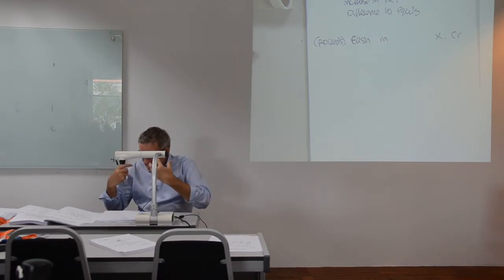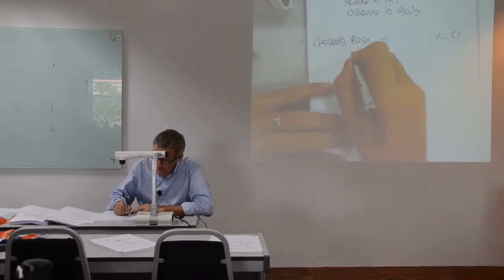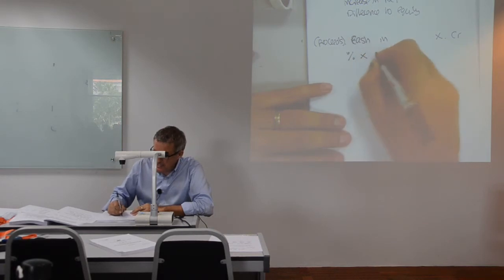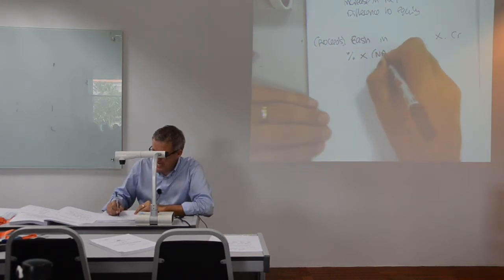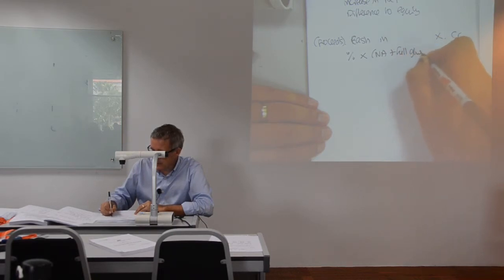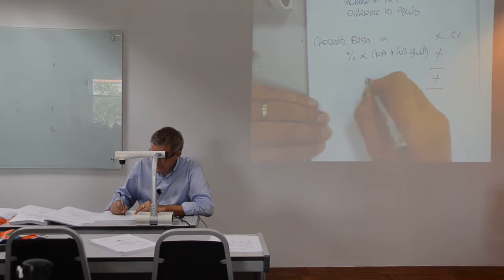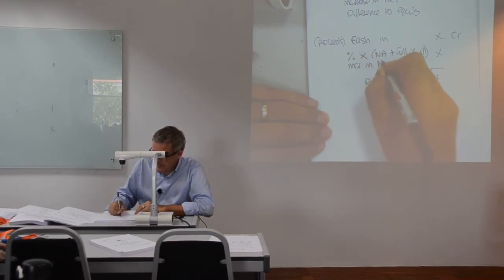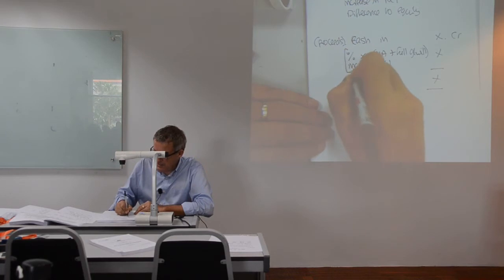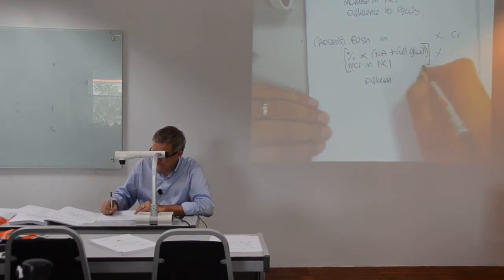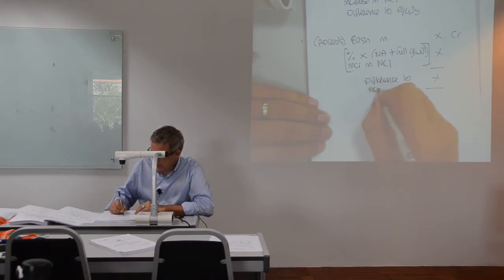You're selling them a slice. So it's the percentage of the net assets and the full goodwill. And this difference then goes to reserves. This is the increase in the NCI. And that is the difference that goes to reserves.